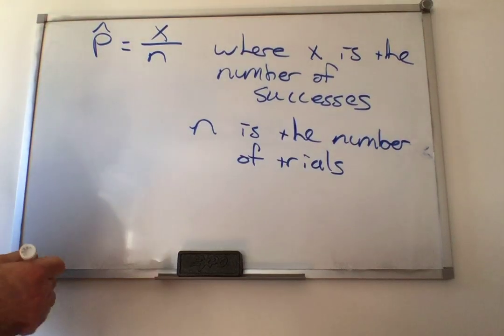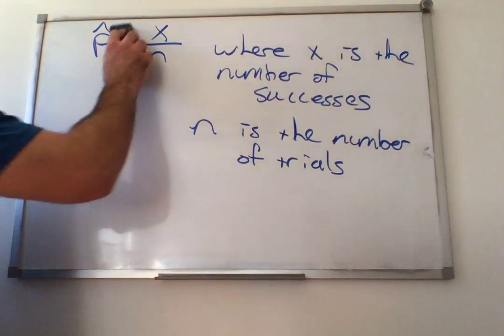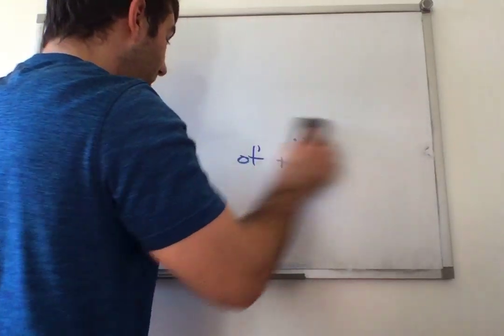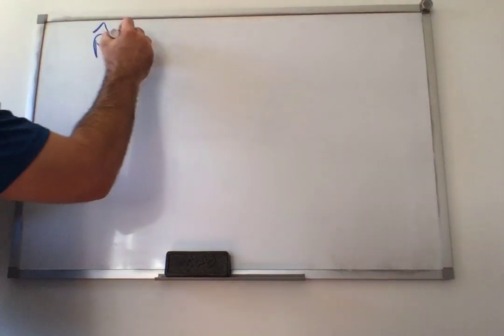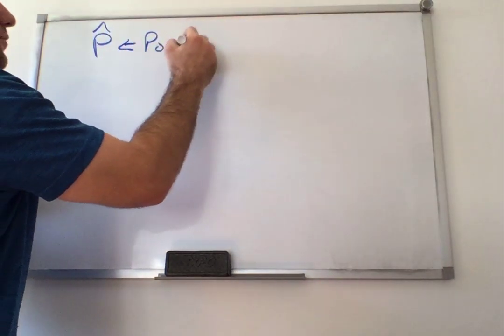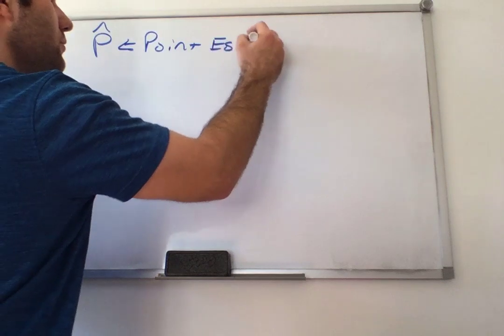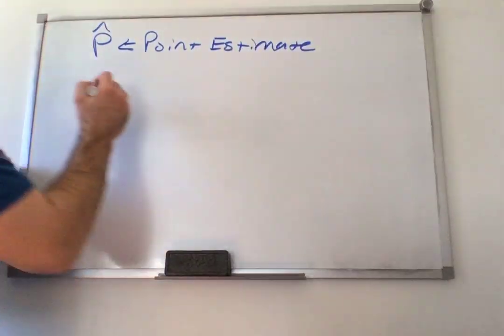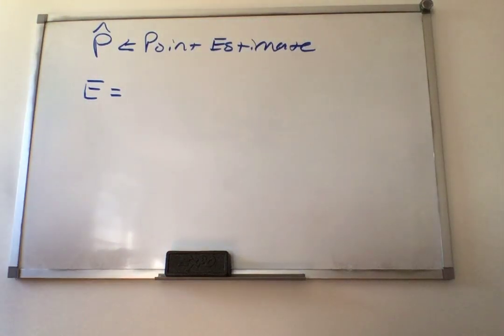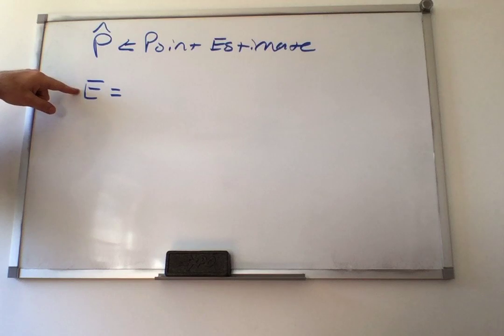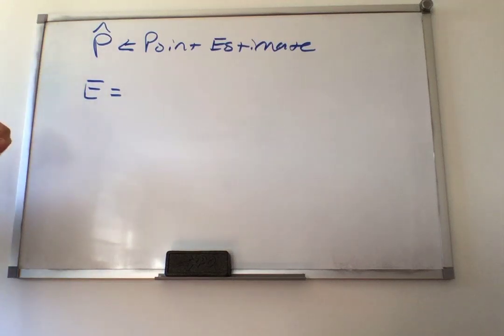Okay, now if we want to make a confidence interval, it's very much like what we did in the last two sections. We find our point estimate. We must find our error, which, if you recall, in the previous two sections, this is the only thing that was different, okay? The error formula. Otherwise, the process is very, very similar.